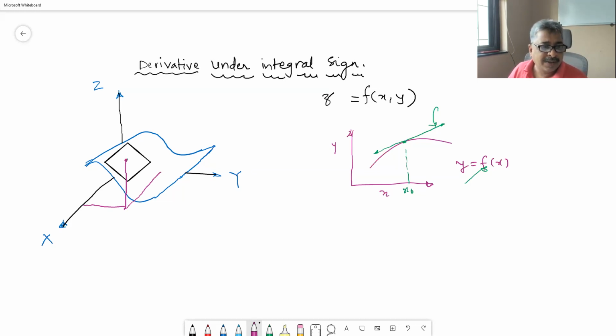That point, say x naught comma y naught comma z naught, will have x naught distance from yz axis.